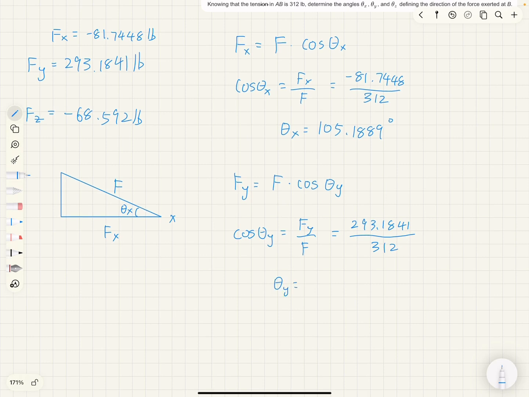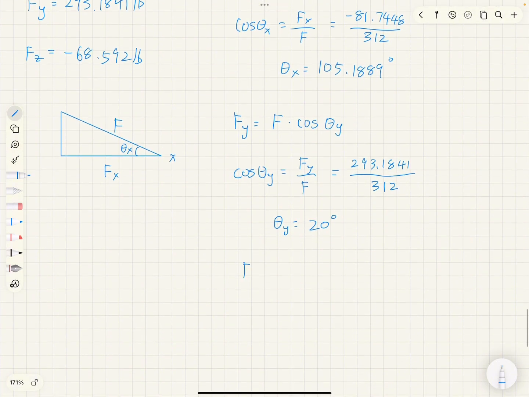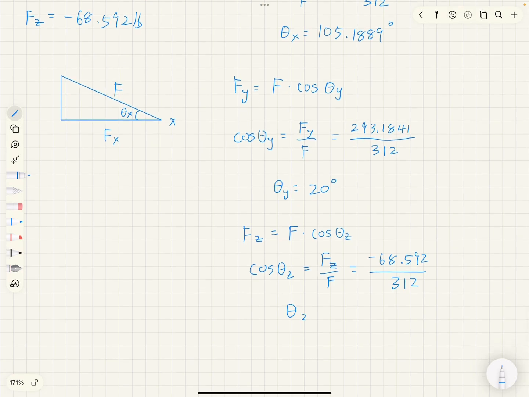So delta y would then be 20 degrees. For fz, just do the same thing: cosine delta z equals fz divided by f, which is negative 68.592 divided by 312. Delta z would then be 102.7 degrees.